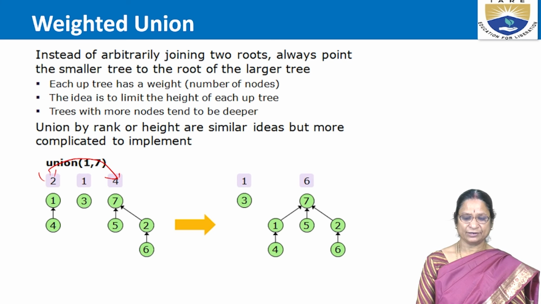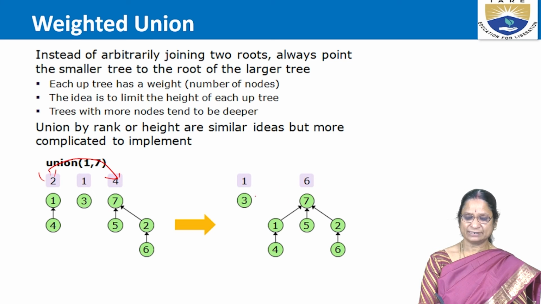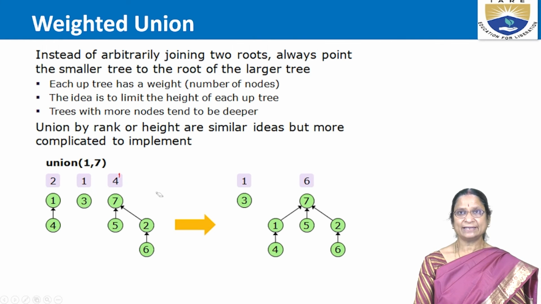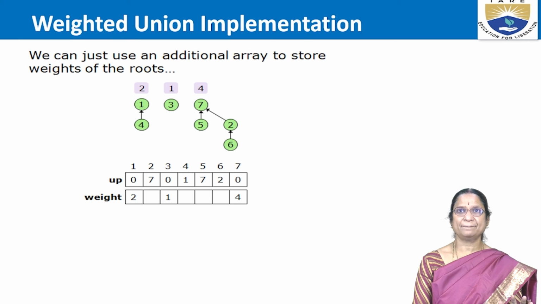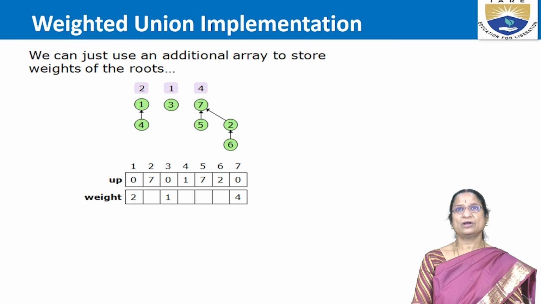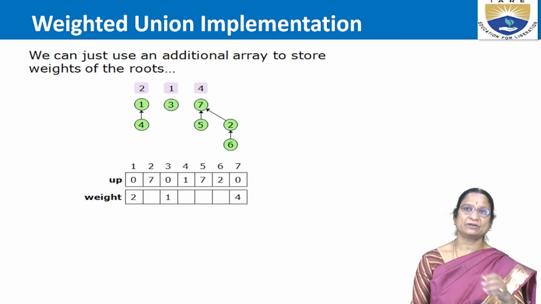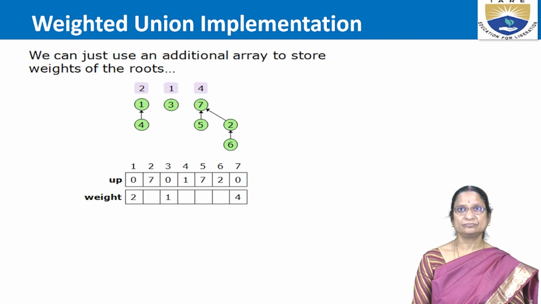Then 1, which has the fewest nodes, is added as a child. Like that, the tree with fewer nodes becomes a subtree of the tree with more nodes.